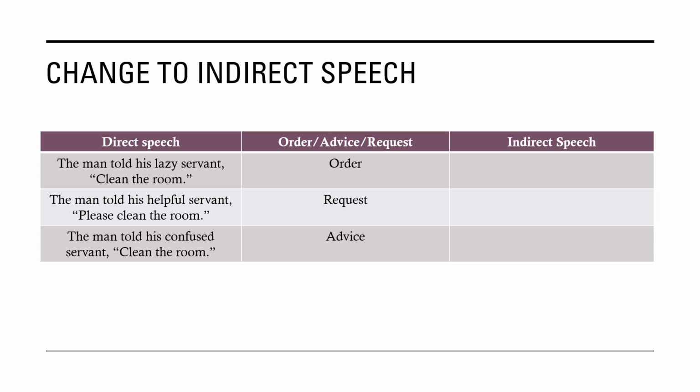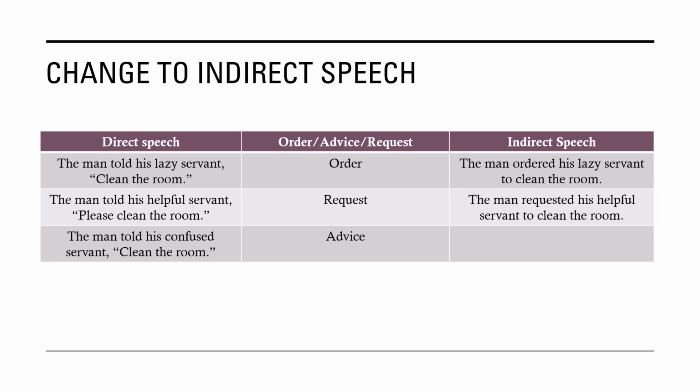How will we change it to indirect speech? The man ordered his lazy servant to clean the room. The man requested his helpful servant to clean the room. The man advised his confused servant to clean the room. Again, note how we are changing the sentences from direct speech to indirect speech.